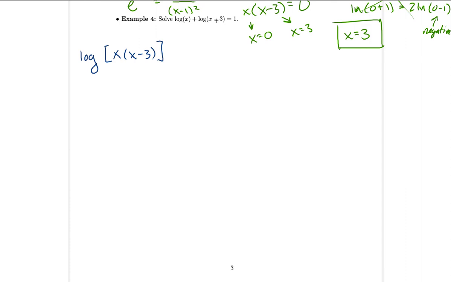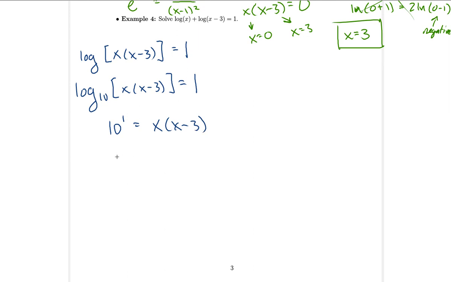Multiplying the 2 things we're taking logs of. And then there's no base written here, but remember that when there's no base written, it really means base 10, right? So this is going to be 10 to the 1 equals x times x minus 3 in exponential form.